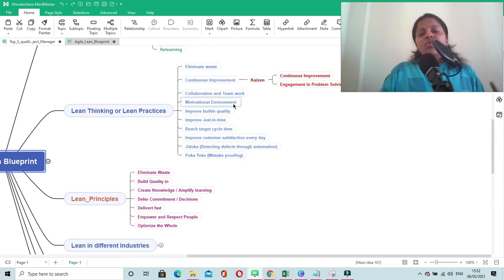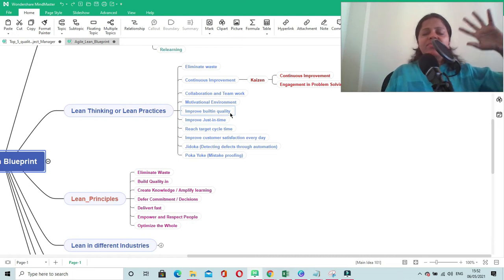You should always enable your team instead of challenging their work. You enable them to experiment and come up with a solution instead of pressurizing them to work on the task or the work that you assign. The next practice is improve built-in quality.